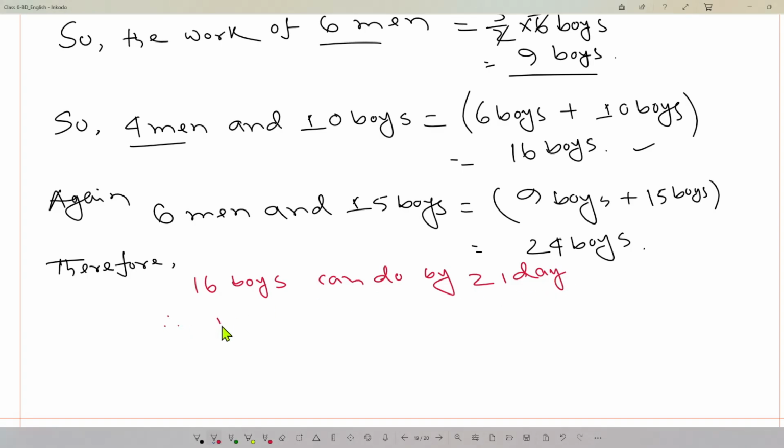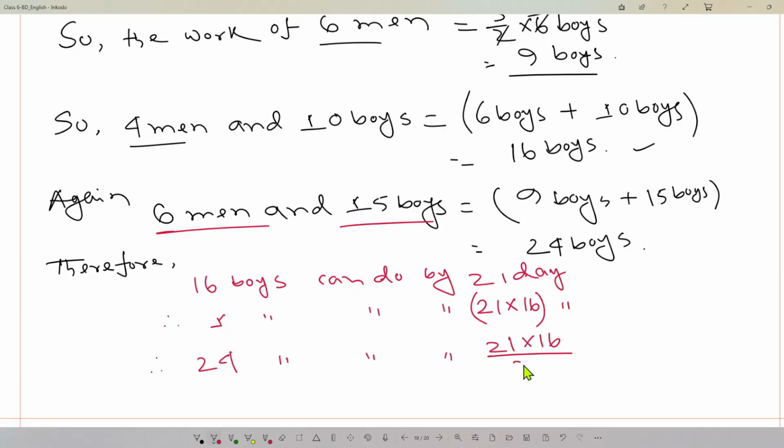So 1 boy can do it in, it will need more days, it means 21 times 16 days. And finally 6 men and 15 boys means 24 boys. 24 boys can do it in 21 by 16 divided by 24 days, right?